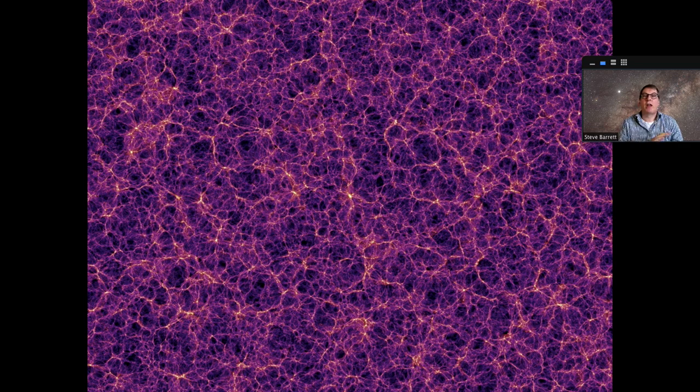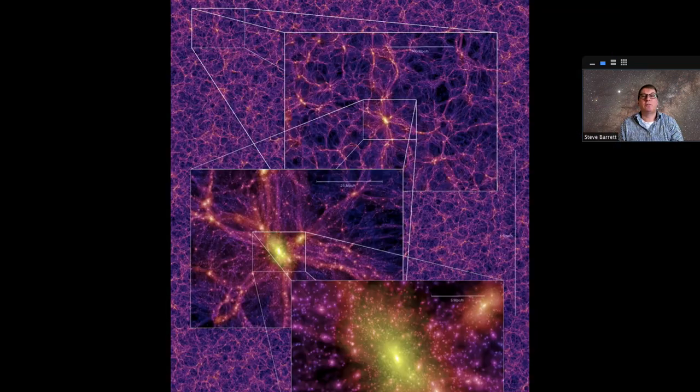On a huge scale, the universe looks relatively uniform and quite foamy. But if we start zooming in to see what's going on at smaller scales, this is a numerical simulation which appears to be a good approximation to how the universe actually looks.